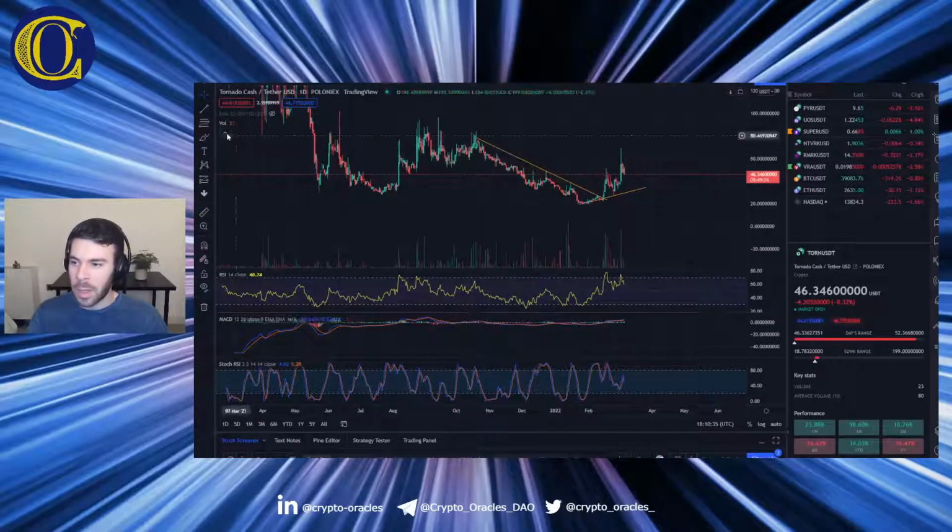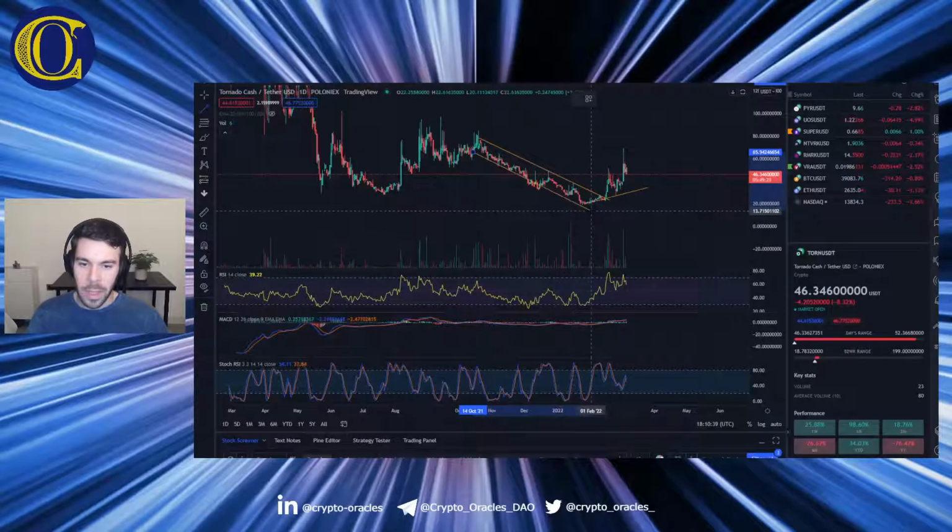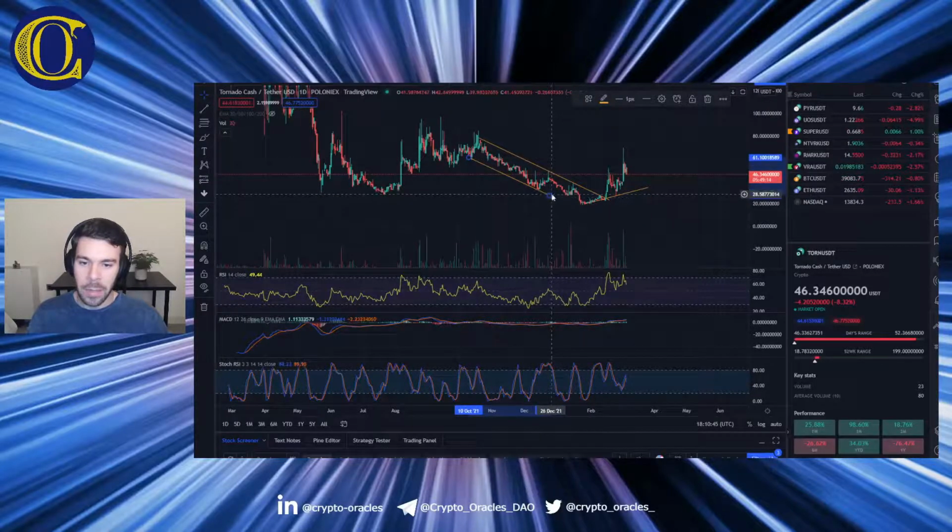So it broke a long downtrend. Tornado Cash was trading in this very long-term downtrend channel here, and it finally broke the trend just a couple of weeks ago, on the 11th of February, so about 4 weeks ago. After it broke the trend, a lot of volume came in, as we've seen in the beginning of March as well, and it is now uptrending again.